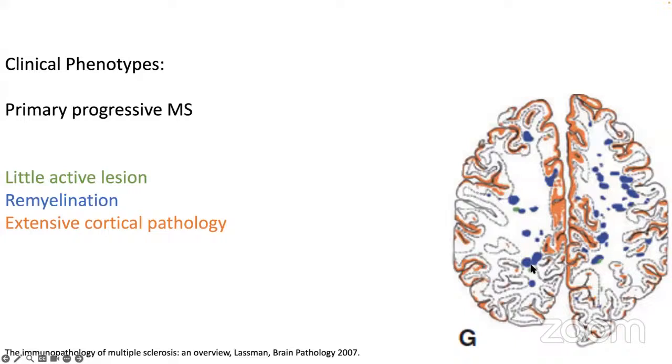Most of the lesions that have happened already had some remyelination. However, the main obvious phenomenon that happens from the early years of diagnosis in people with primary progressive MS is the early extensive involvement of cortical demyelination. So less of the lymphocytes, more of the microglia, and more of the soluble factors that drive the cortical demyelination.